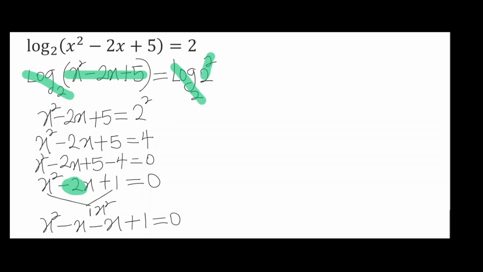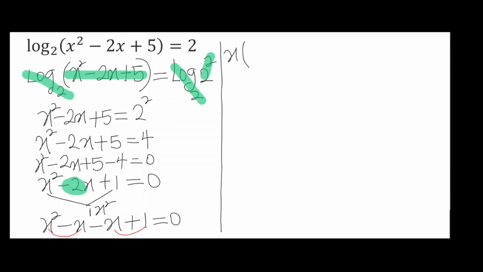So I'm going to factorize by grouping into 2. This and this belong to the same group, then minus x and 1 also belong to the same group. Now let's get it factorized. Between x squared and x, it's easy to see that x is common. So I'm going to write x, then I'm going to open a parenthesis.